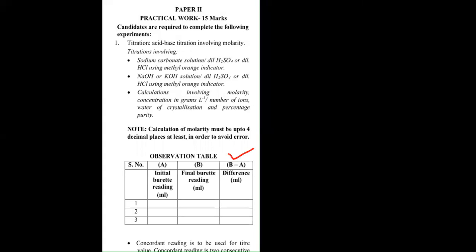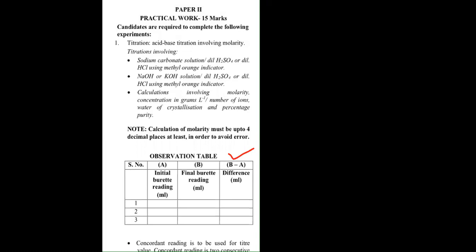You should know that when you fill in your readings in this table, this is applicable to both standard 11 and 12 children: the observation table has to be filled in with ink. Pencil writing is not allowed in the table, and there should not be any overwriting.